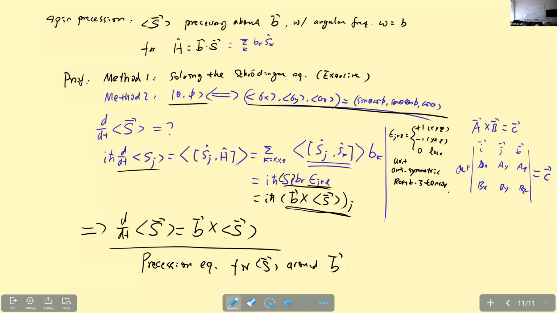So this determinant is given by epsilon times A B and IJK. So that's the definition of the cross product, in case you're not very familiar with this: C_i is just equal to epsilon_ijk A_j B_k.